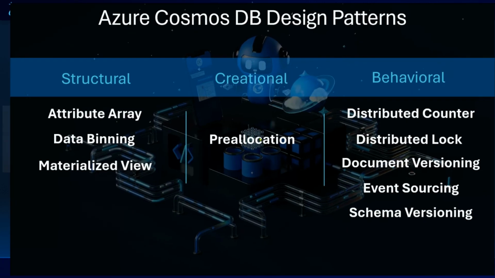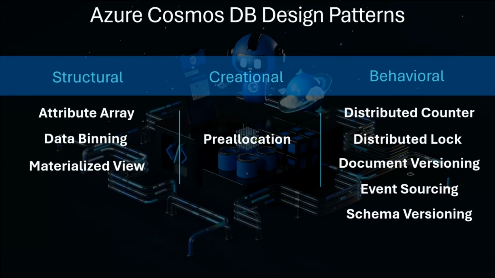So as I mentioned before, Azure Cosmos DB has a design patterns repo that focuses on all these particular ones, between structural, creational, and behavioral, and it's a repo that illustrates in code how these all work.